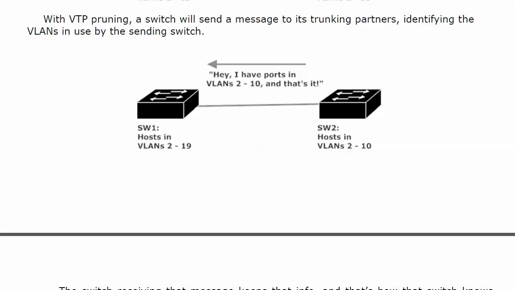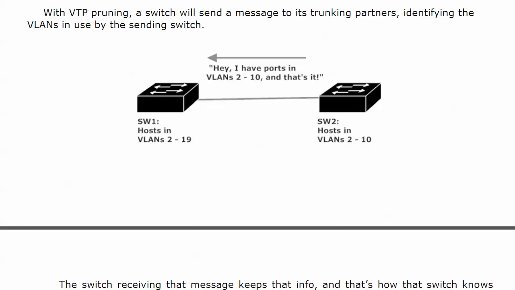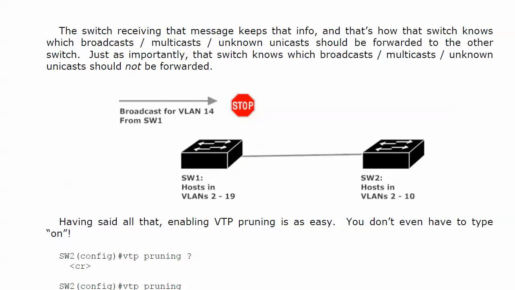Now, the switch receiving that message, in this case switch 1, is going to keep that information, and that's how that switch knows which broadcast, multicast, and unknown unicast traffic should be forwarded to the other switch. And just as importantly, that switch knows which broadcasts, multicasts, and unknown unicasts not to forward to the other switch.